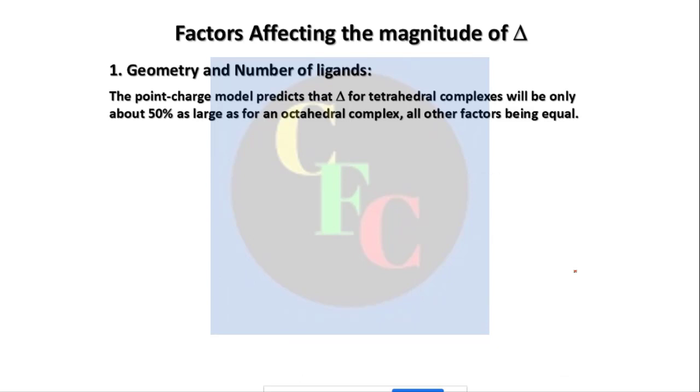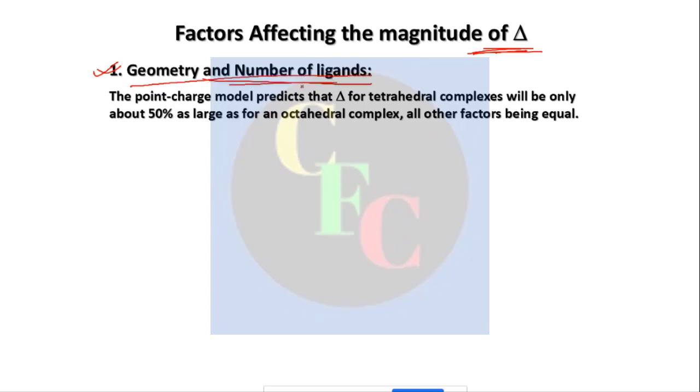Next topic of discussion is: what are the factors that affect the magnitude of delta? This is important, and it will be important to study the magnetic behavior also. So what are the factors that affect the magnitude of delta, that is, the crystal field splitting? The first one, as we have already seen, is the geometry and the number of ligands.